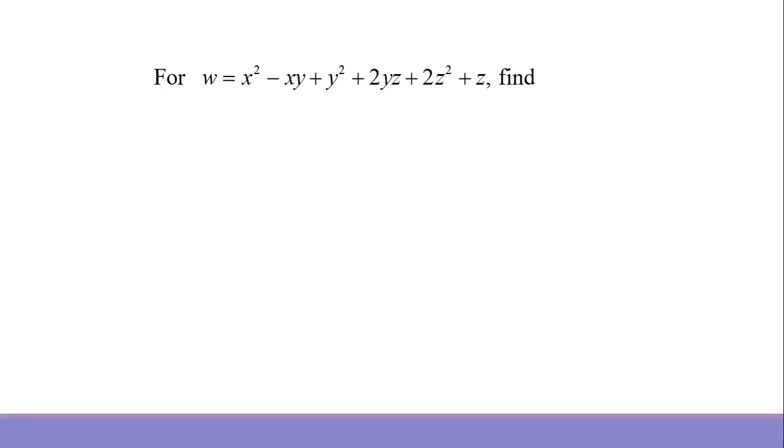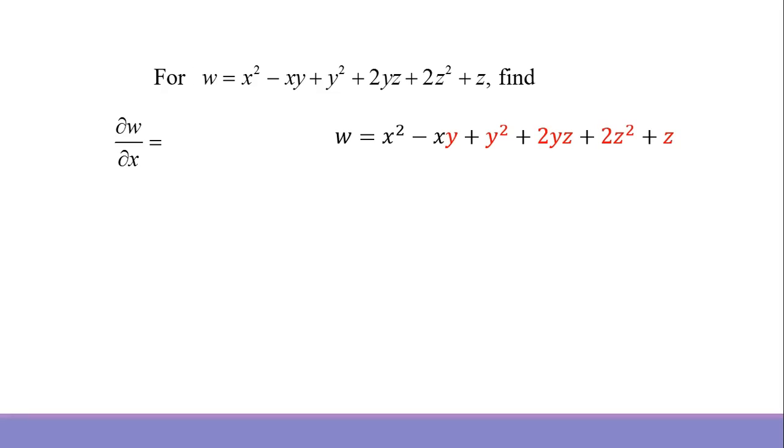Now let's look at this function, w. It has three independent variables, x, y, and z. And we're going to find some partial derivatives of w, in the first case with respect to x. Now that means that everywhere we see the variable x, we'll look at the x as being a variable. But anything else that's not an x on the right side of this equation we'll consider to be a constant.